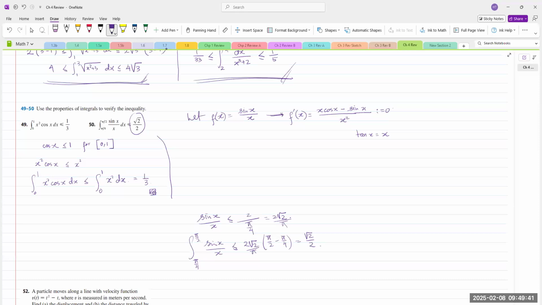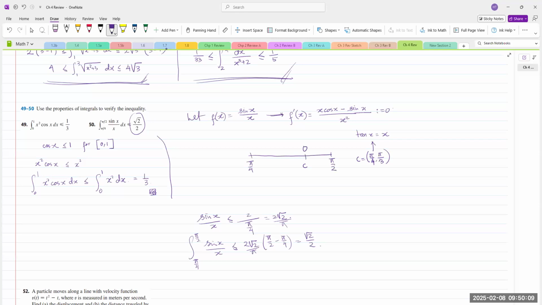Which we found the root is between pi over 3 and pi over 4. So call that c. This is pi over 4, we have c here, and we have pi over 2 here. That's where the slope is 0.